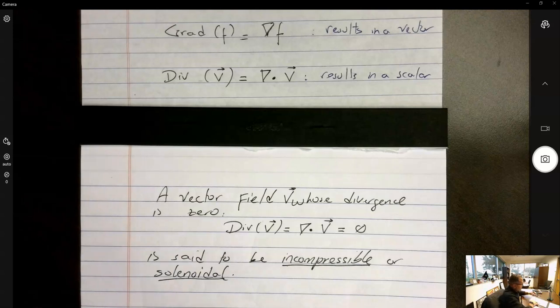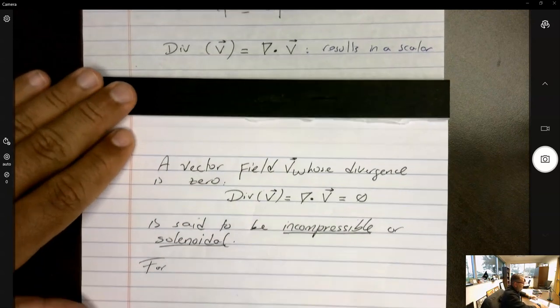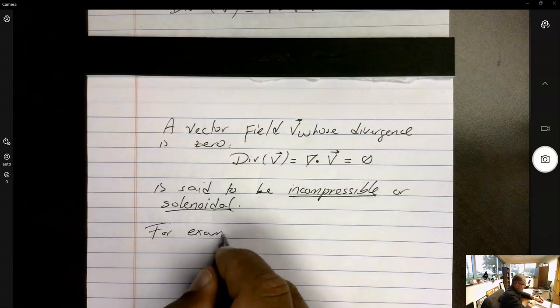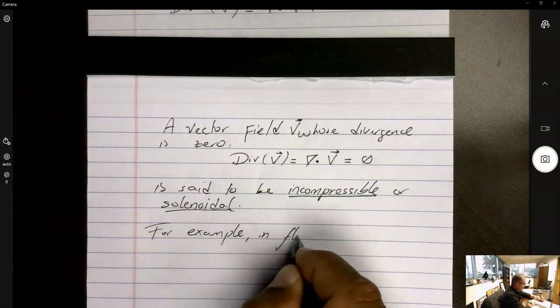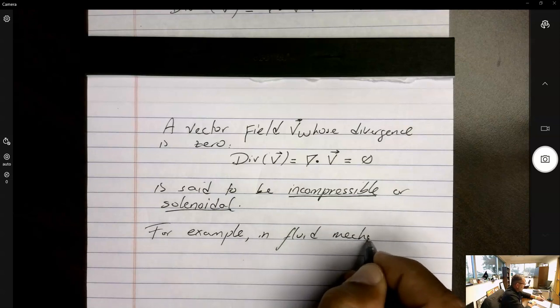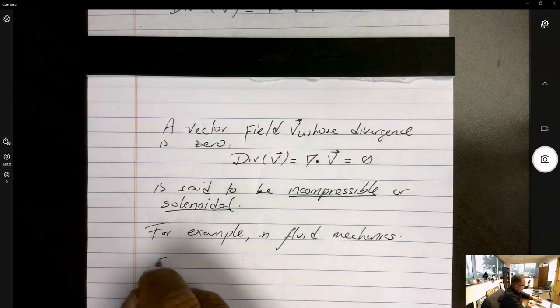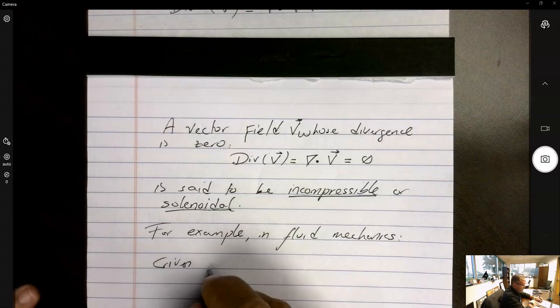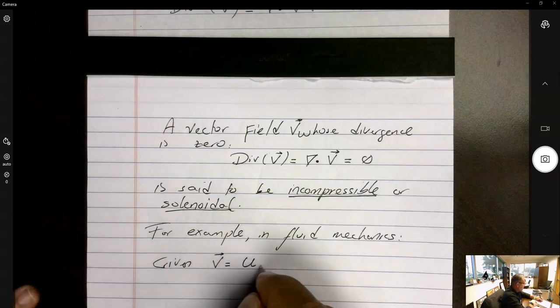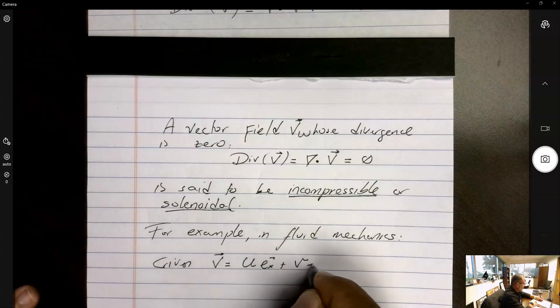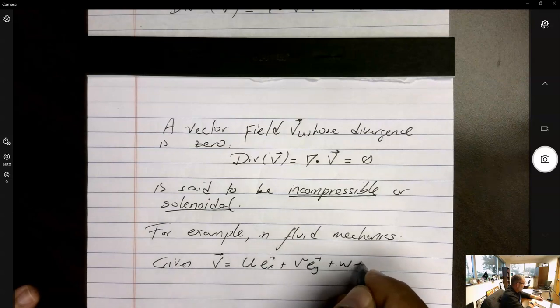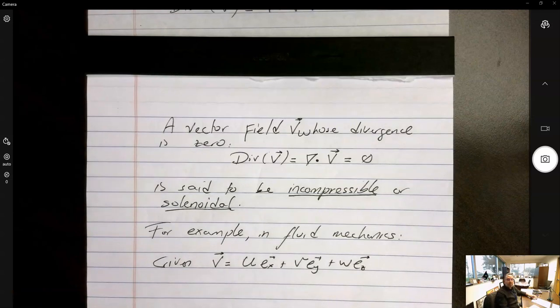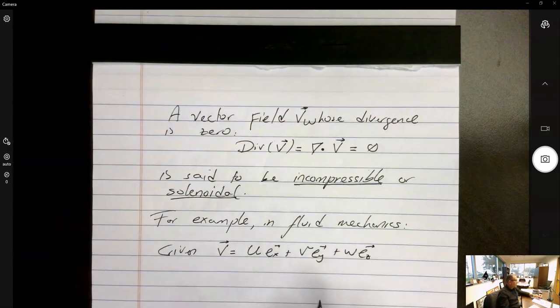So, for example, in fluid mechanics, given V equals U, V, and W, the three components of the velocity field. By the way, in fluid mechanics, U, V, and W are used instead of Vx, Vy, and Vz. These are components of the velocity field. These are functions themselves, so that's why we call this a field.